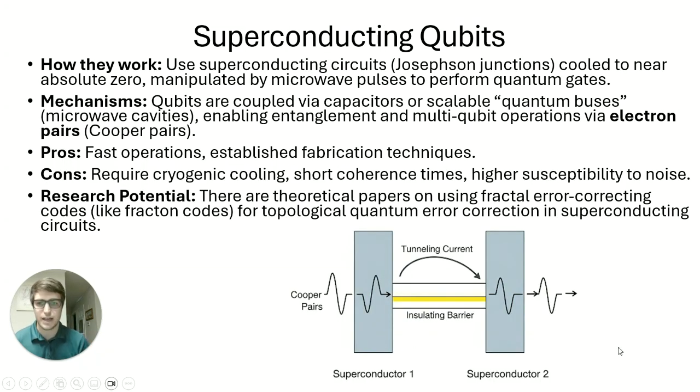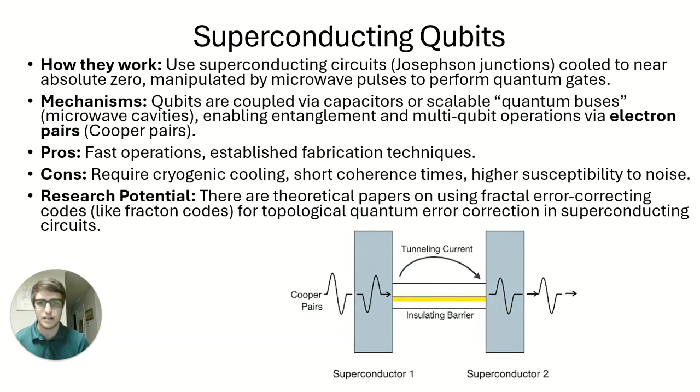So first, we can look at superconducting qubits, which are made by Josephson junctions, and that can be thought of as a superconductor sandwich. So it's a superconductor like aluminum that sandwiches an insulator, which could be aluminum oxide. And as you pass some electrons through the aluminum, that creates vibrations in the aluminum lattice.